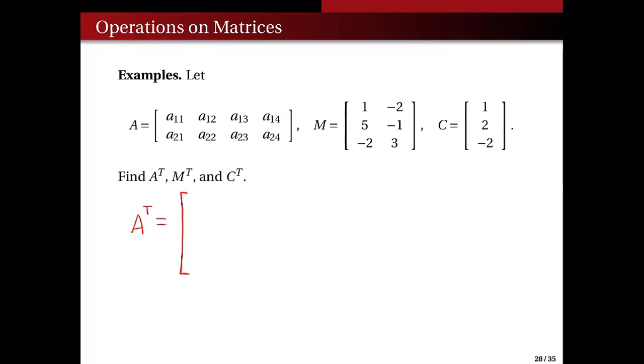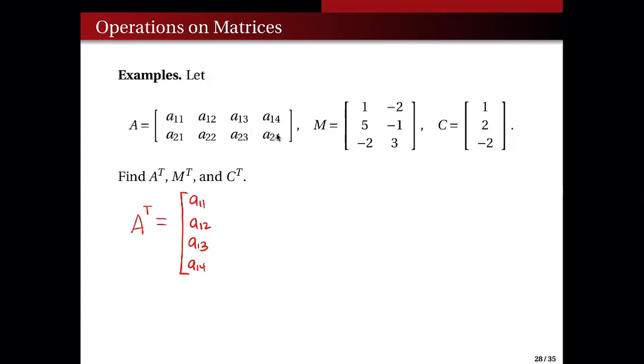To be simpler, the columns become rows, and the rows become columns. So row 1 here, A11, A12, A13, A14, becomes column 1 of the transpose.